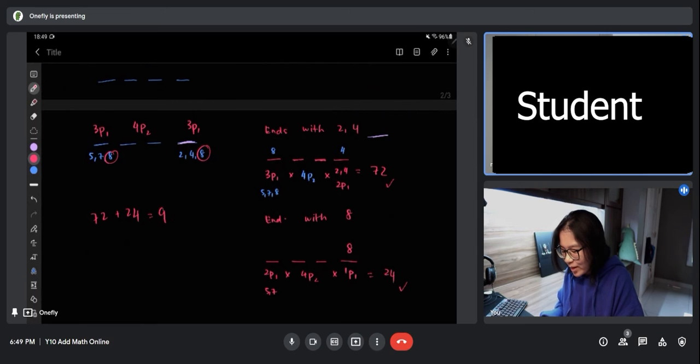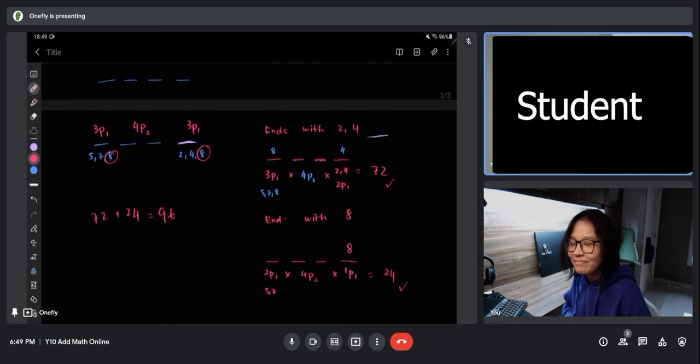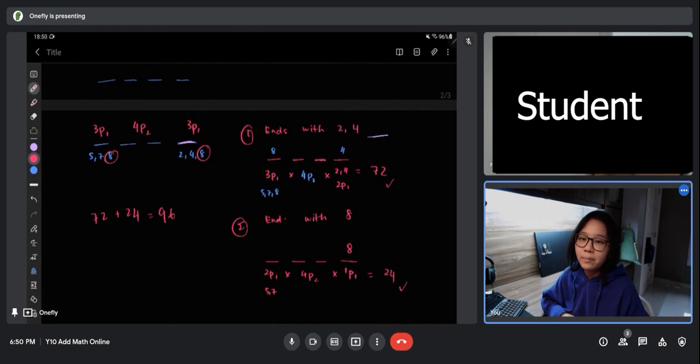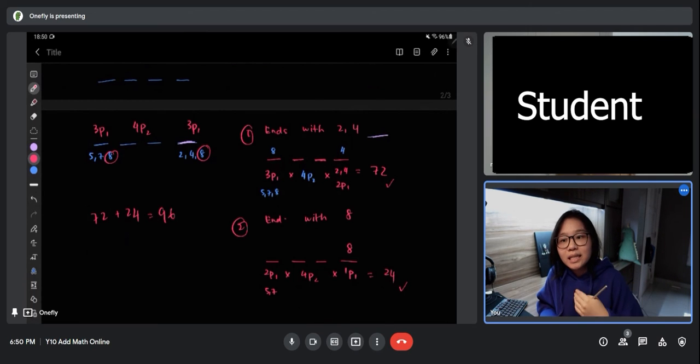96. Yes. Why do we add them? Because the first one didn't include it. So this is one of the scenarios. This is the other scenario that could happen, meaning to say this 4-digit number either ends with 2 or 4, or it ends with 8.